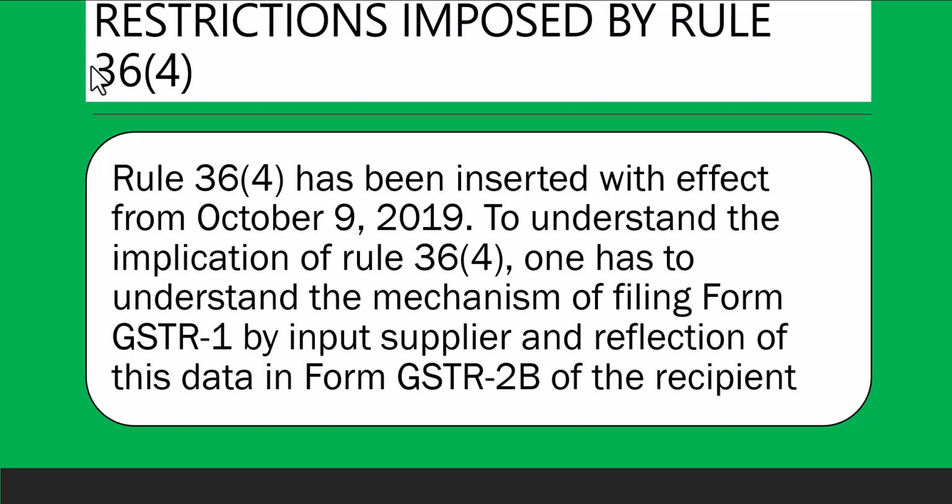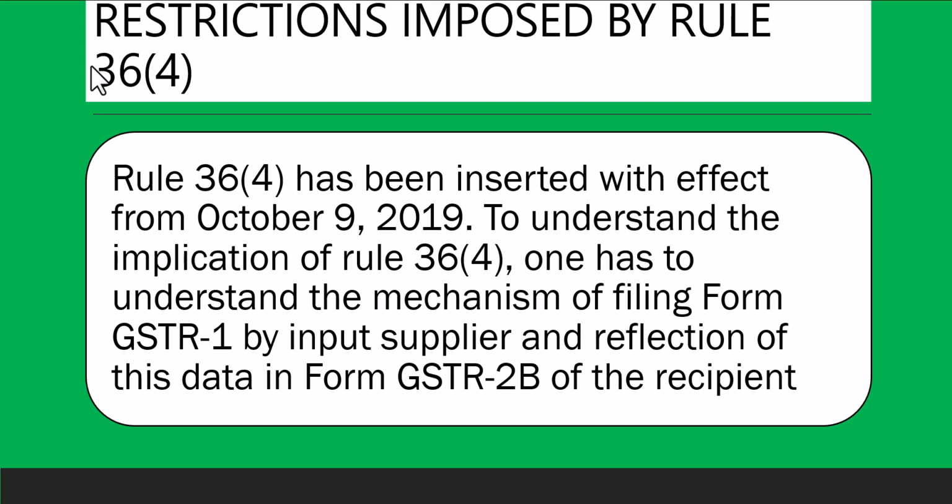Rule 36(4) has been inserted with effect from October 9, 2019. To understand the implication of Rule 36(4), one has to understand the mechanism of filing Form GSTR1 by the input supplier and reflection of this data in Form GSTR2B of the recipient. Now I'll just tell you in a nutshell before we read the rule. You can take credit only for the amount which has been populated in GSTR2B.